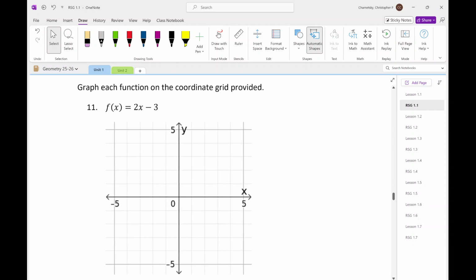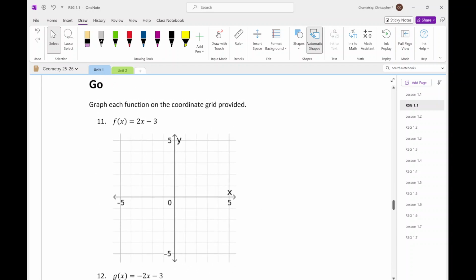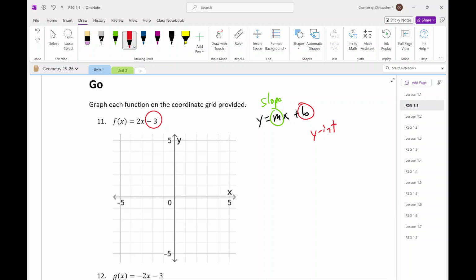And then our go. Graph each function. So remember our y equals mx plus b. M is the slope. B is the y-intercept. So there's our y-intercept. We'll start there. So down 1, 2, 3.